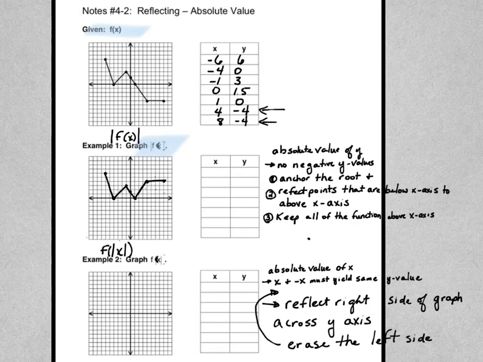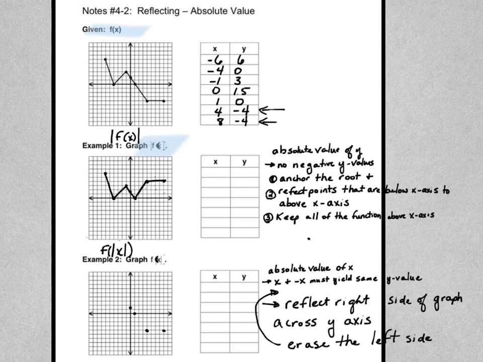So pretend in your mind you've erased the left side of that graph. Everything left of the y-axis you erase. So let's draw in everything that we've got on the right side just as it is. So we've got 0, 1.5, and then you've got 1, 0, and you've got 4, -4, and you've got 8, -4.